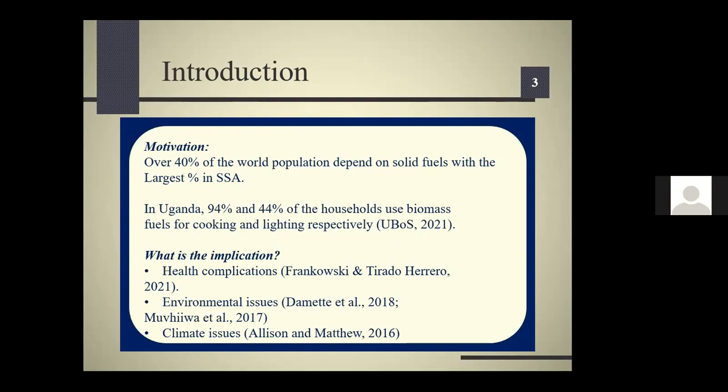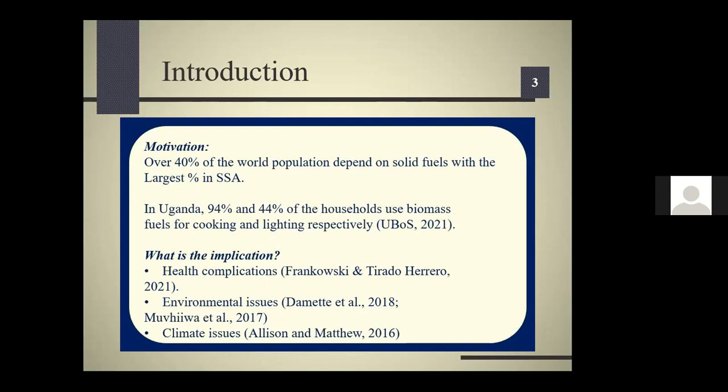What is worrying is that the biggest percentage is in sub-Saharan Africa and in other low developed countries.